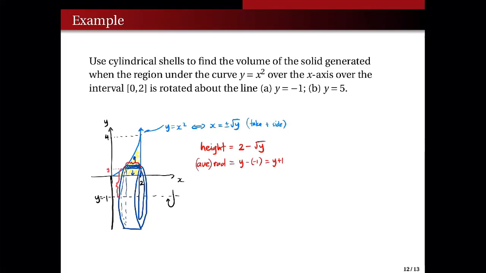Therefore, the volume is the integral from 0 to 4 of 2 pi times the radius, y plus 1, times the height, 2 minus square root of y, and then we have the dy. So I will leave this to you again, but that's the setup.